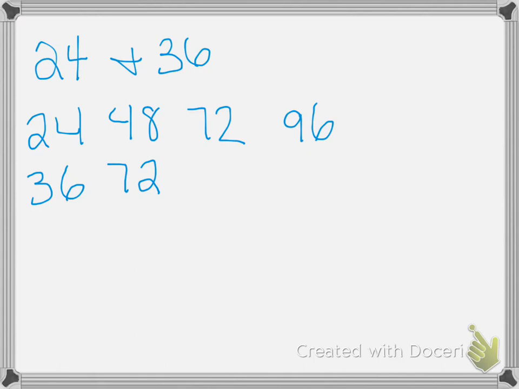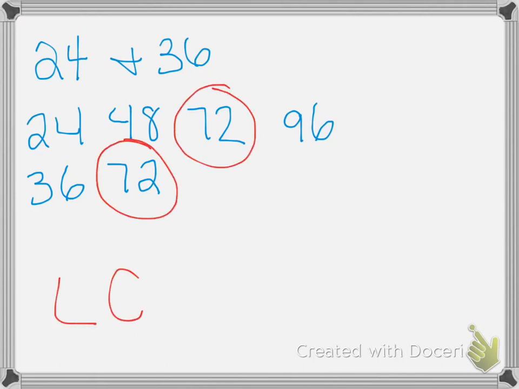So our least common multiple is 72. So in red, LCM equals 72.